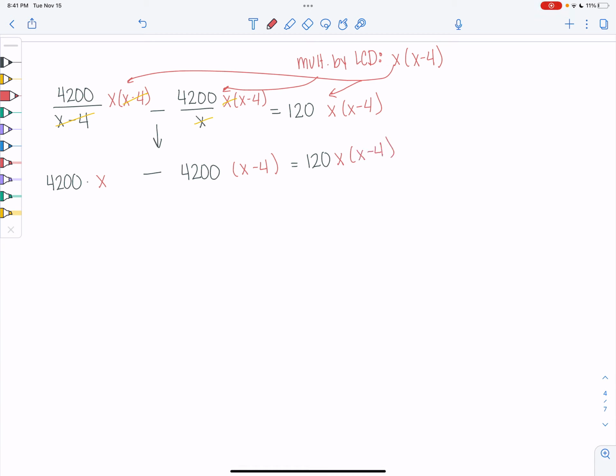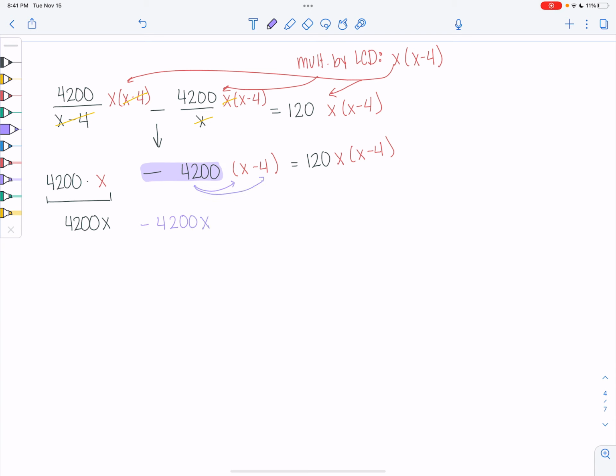All right, get your calculators out because we're doing some really large numbers multiplying. 4,200 times x is just 4,200x. I'm going to distribute this thing. Now make sure that you distribute the 4,200 and the negative sign, because minus 4,200 is the same thing as negative 4,200. So negative 4,200 times x is going to be negative 4,200x.